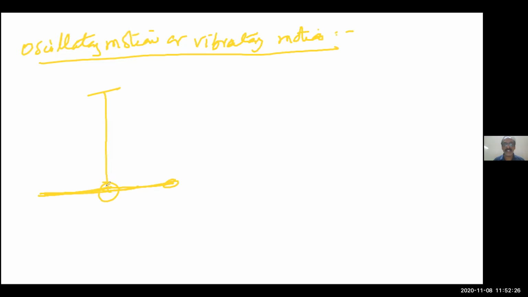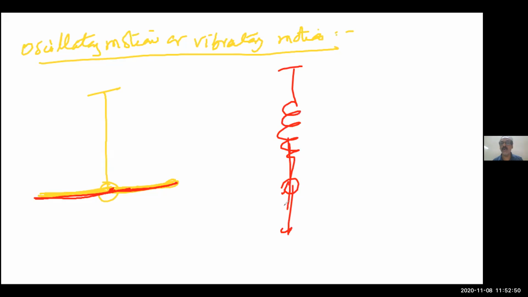First to and fro, going forward and coming back. To and fro, back and forth. These are the two segments of the motion. It happens in a fixed interval of time. A spring: if you just pull this spring and leave it, this spring will go up and down with respect to mean position. So to and fro, back and forth, happening in a fixed interval of time.